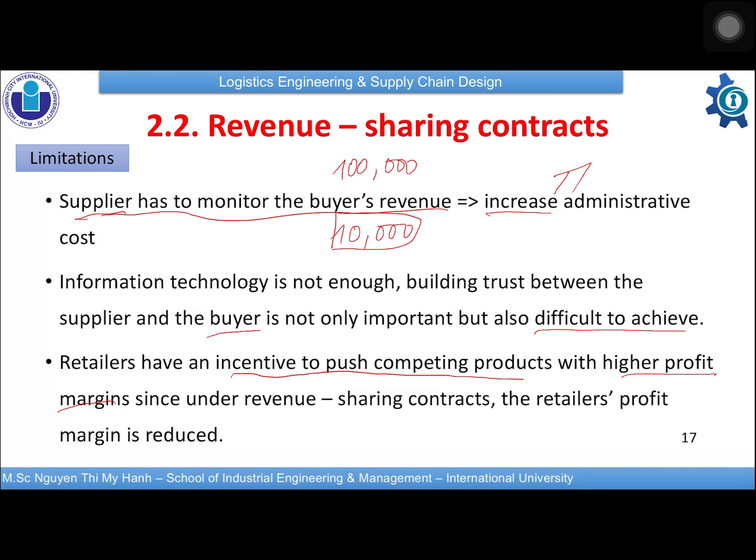Okay, so we have to consider this situation when we consider revenue sharing contracts, although it has advantages.